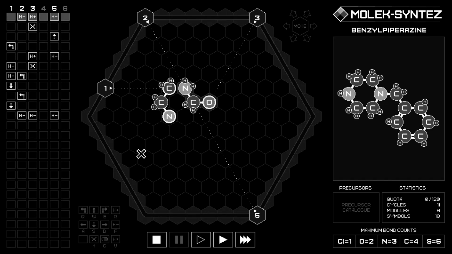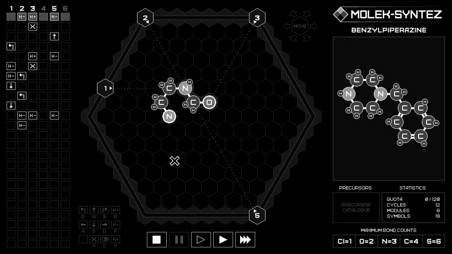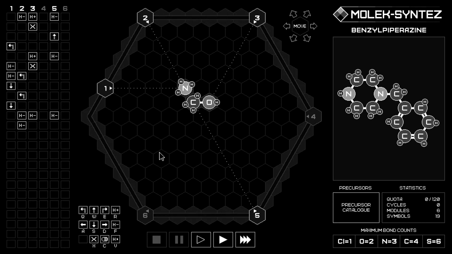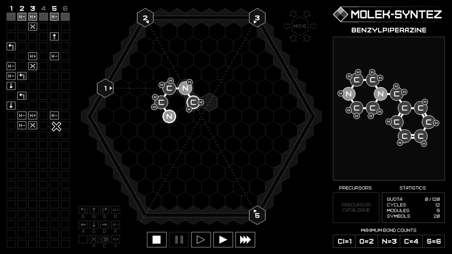We need to remove more hydrogens from that nitrogen to get it to bond to the carbon. Okay. So, like this. Now, that's all great. 3 removed one, but should have added one.